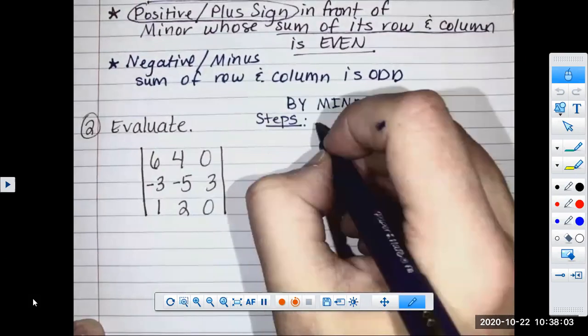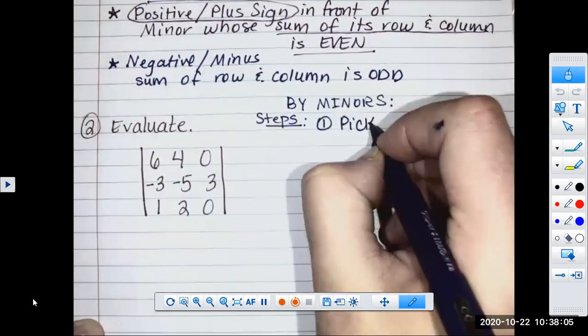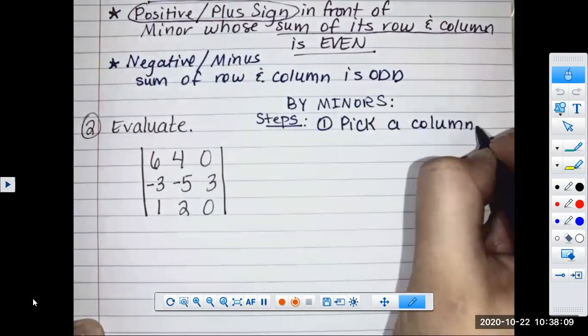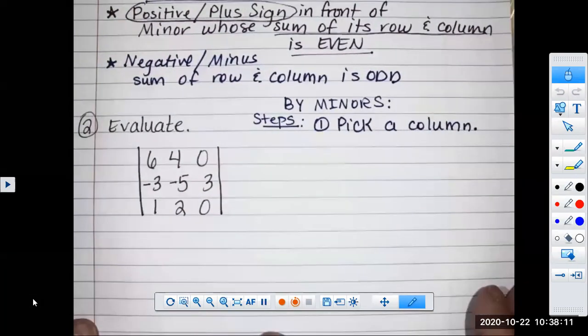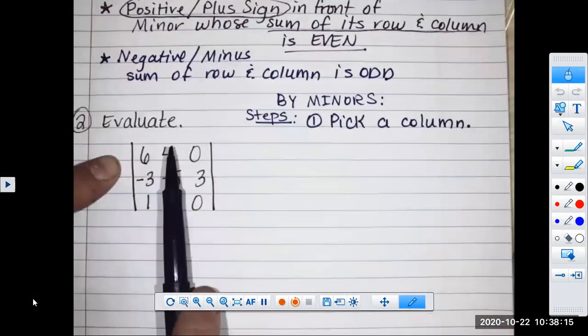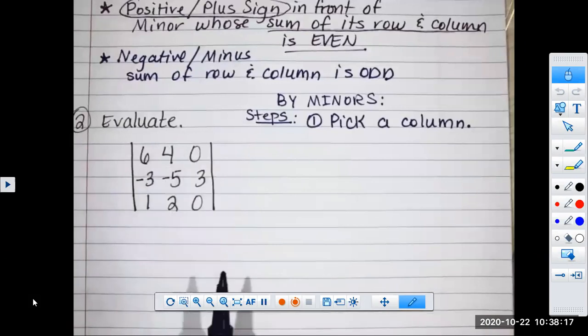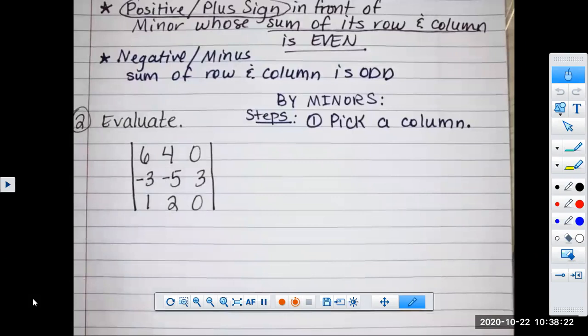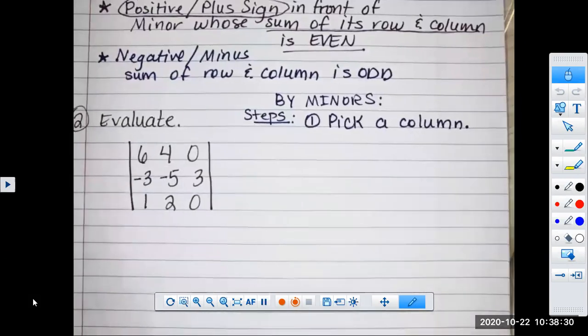The first thing is you pick any column you want to. Pick a column. So we're either going to pick the numbers in column 1, 2, or 3 to be our minors. Pick a column to work with. I usually always pick the first column, but you can pick the second or the third. It does not matter.